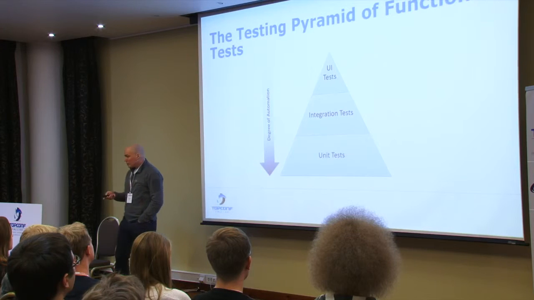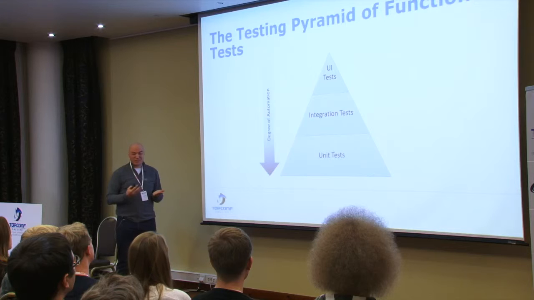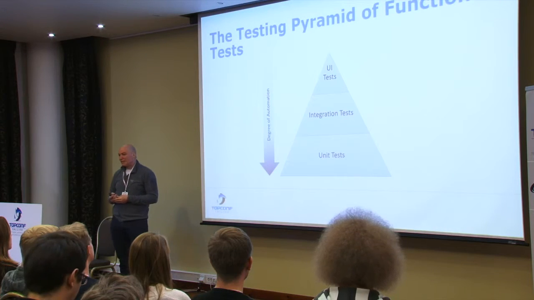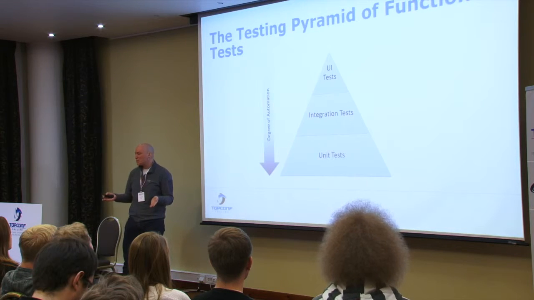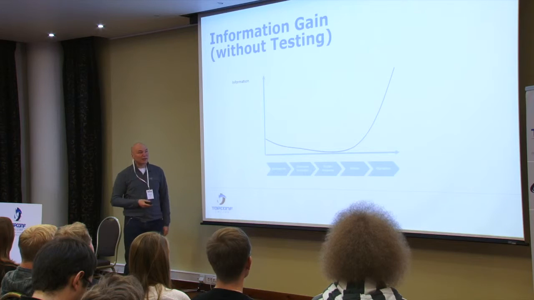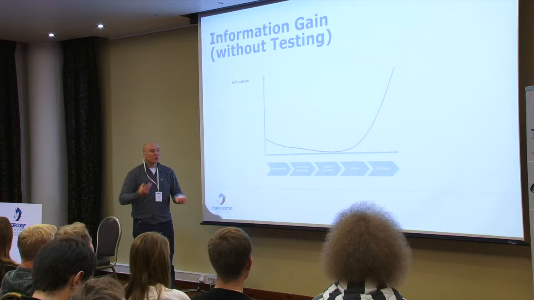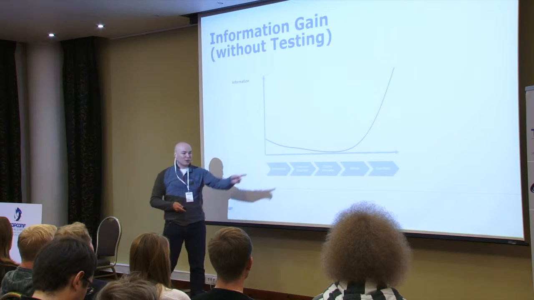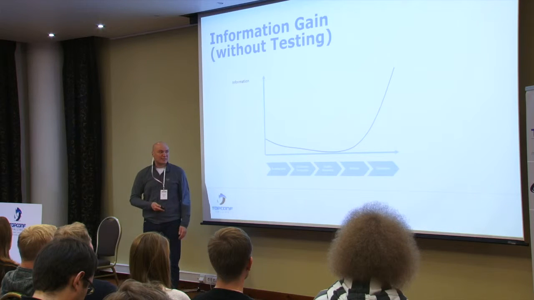When you have no real testing, just developers in your team, and it's very common in my experience that agile development teams only consist of developers and sometimes have no testers on board, what's your information gain? It's pretty low, actually. You only have what you know, but you do not get new information. Only when you run in production, then, okay, the end user is testing it.